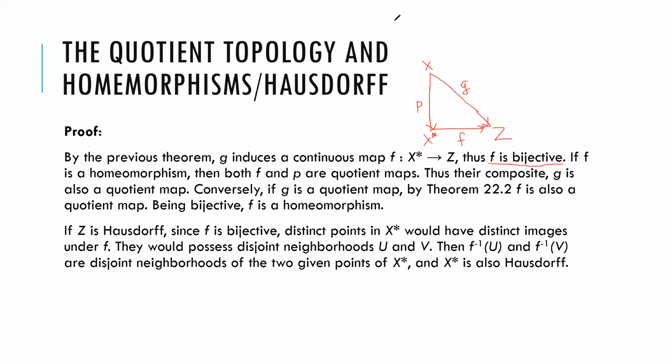From the definition, X star is the collection of subsets of X. So if we are given two different Z's, like Z1, Z2, they of course correspond to maybe different X star.